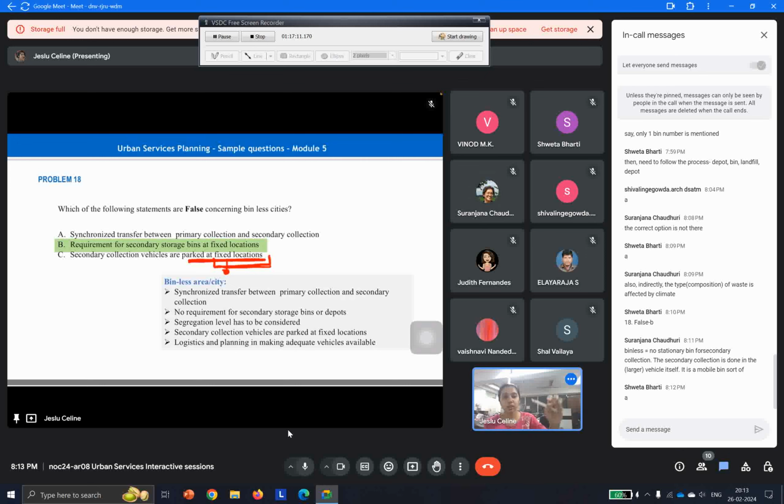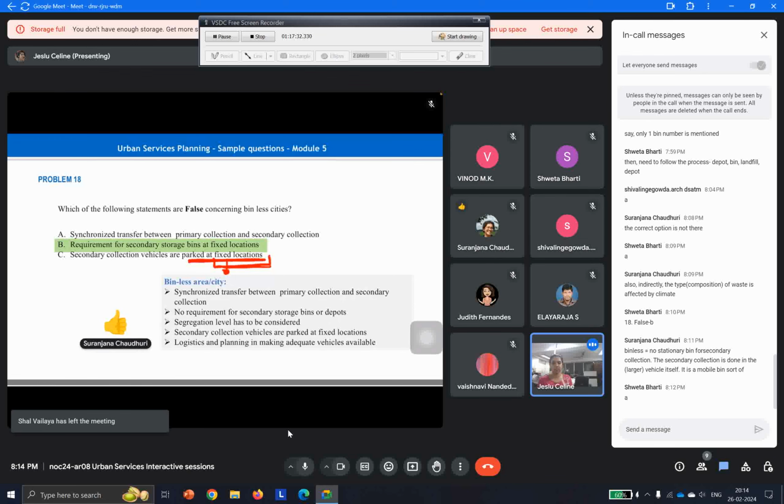That planning keeps changing based on the quantity of waste generated or based on the time taken from a different region. We have discussed that with time the whole composition or the whole routing and rerouting needs to be done. So the idea is that you route it and you synchronize it and you plan certain locations where this transfer happens. So that's all that's implied here. It doesn't mean that it's always fixed.